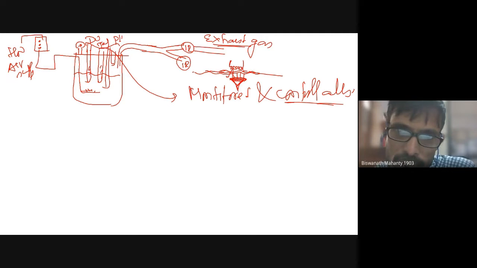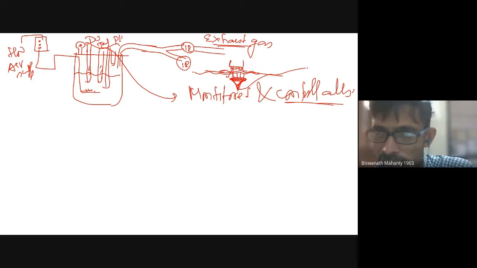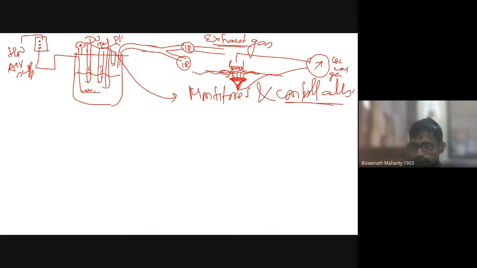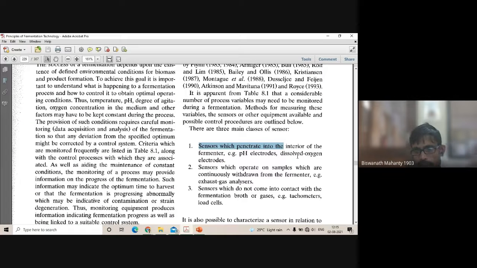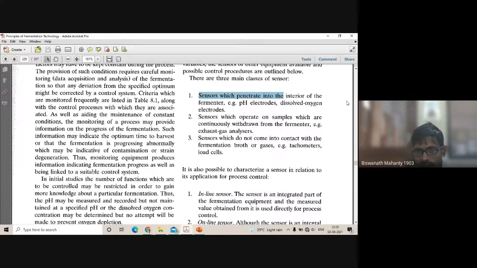This is actually a photoelectric device, or they can amplify the signal, and based on that you can measure the carbon dioxide concentration in the gas phase. So this is inline measurement. Directly we can do all those analyses. These are what we call inline measurements, which we normally have in our system. Some of these can also be online. That means you can have a control and you can see it here.